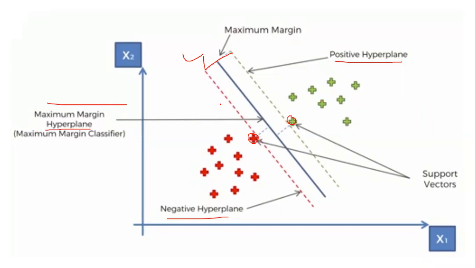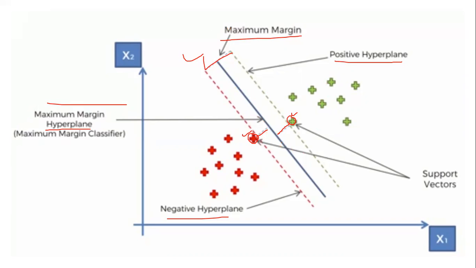Now the method to choose the best line or best hyperplane which separates these two groups of data points is the concept of maximum margin, right? Out of all the lines that we saw in the previous slide, we will choose the line which gives us the maximum margin from these two data groups. This point here and this point here are the closest to the hyperplane.